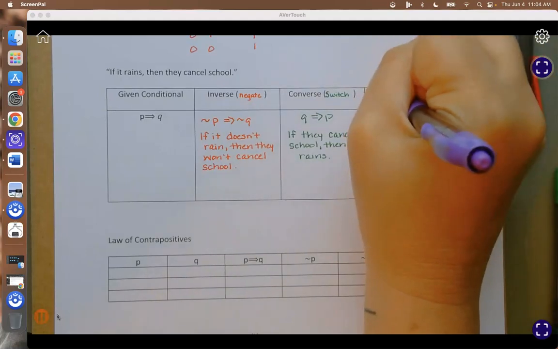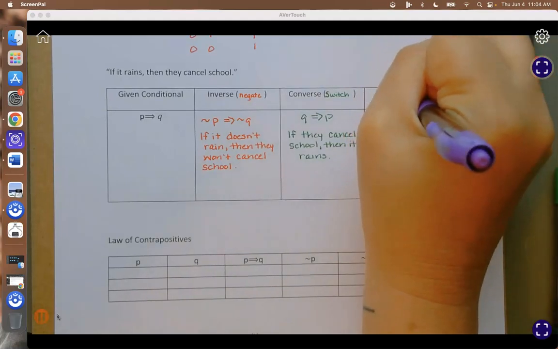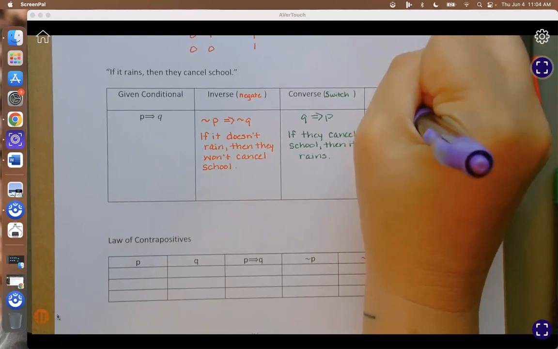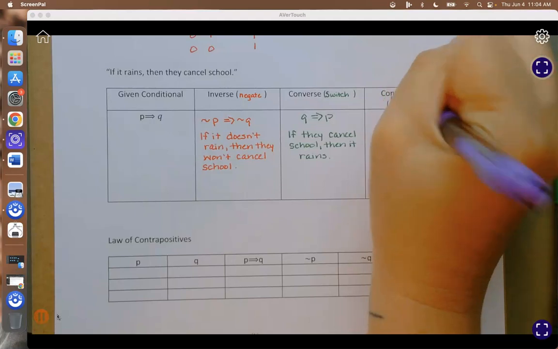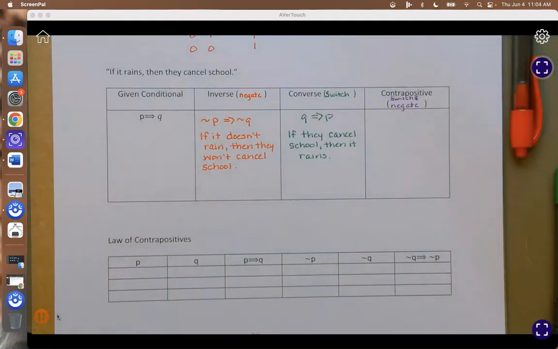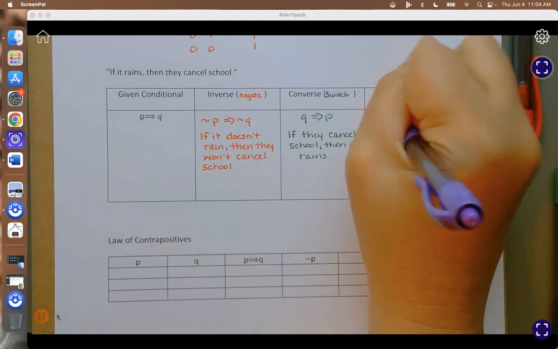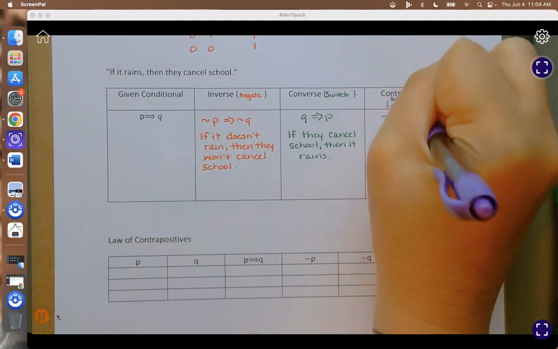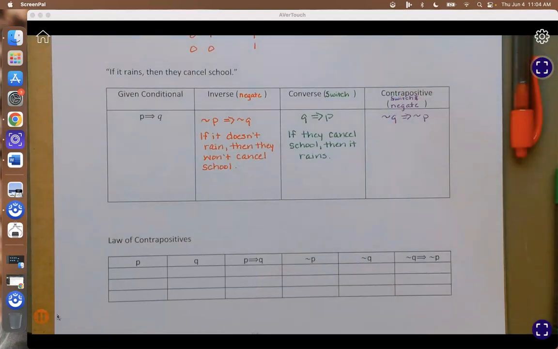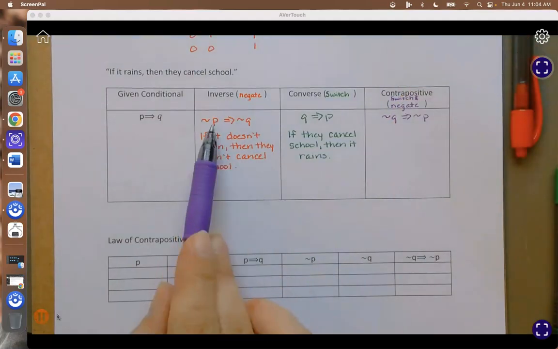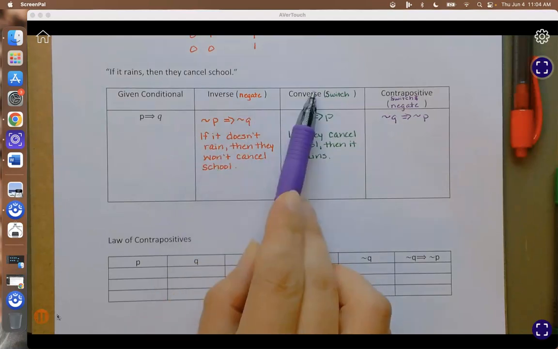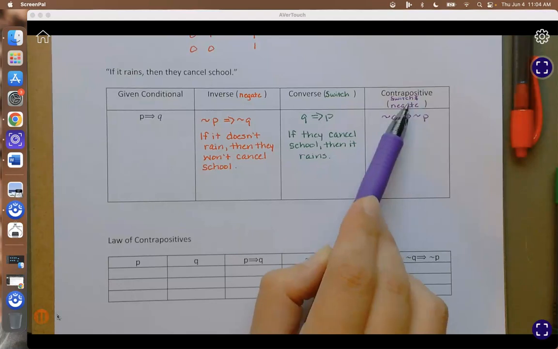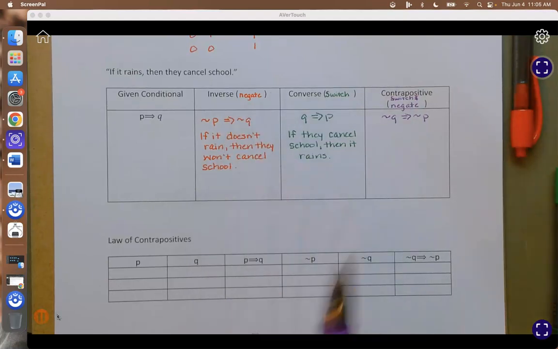Contrapositive is like the marriage of the two. So you're going to switch and negate. Contrapositive is doing both. Okay? So it's not Q implies not P. So inverse is just negate. Converse is just switch. Contrapositive is both. So you need to remember what these three words mean.